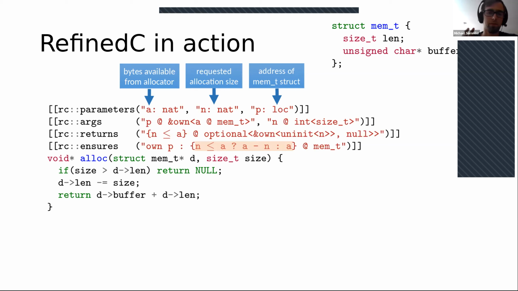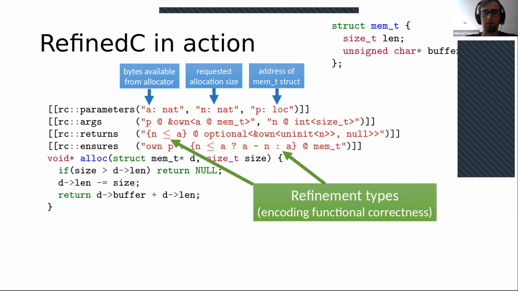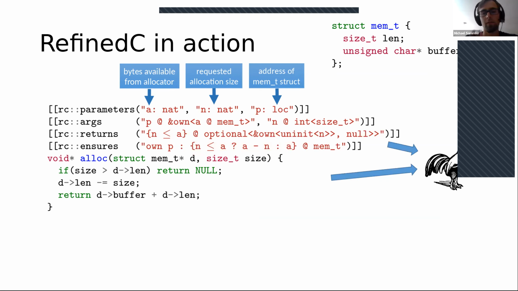And once you've written the specification, using refinement types to encode the functional correctness, you can give this to the RefinedC front end. What it does is it takes this code with the annotations and translates it into Coq.